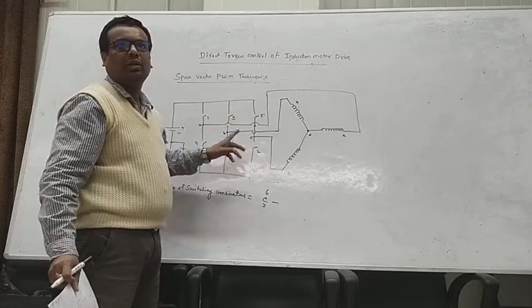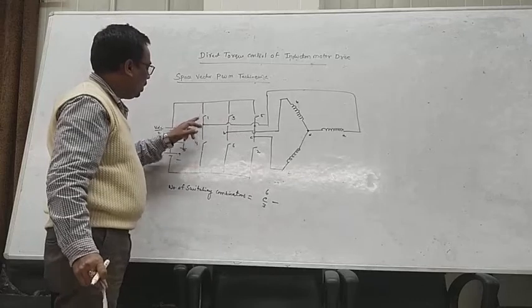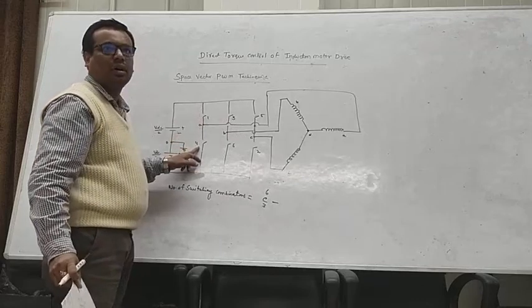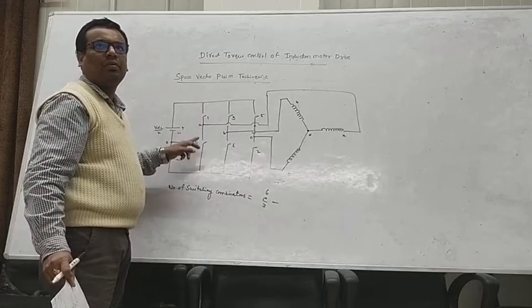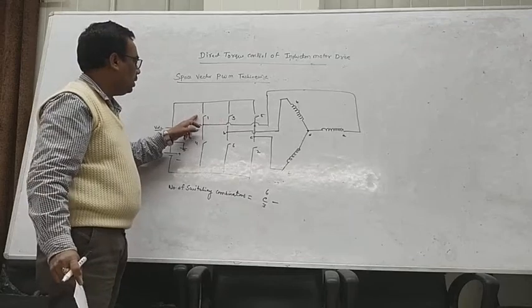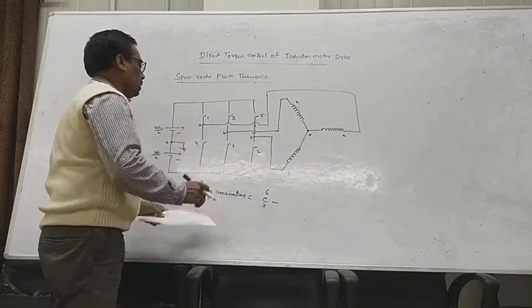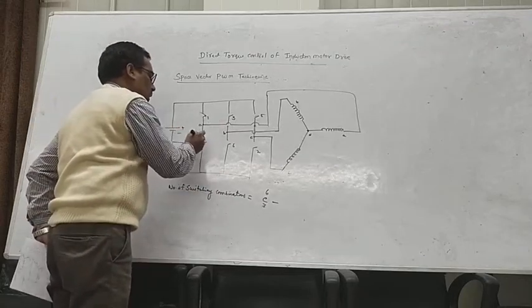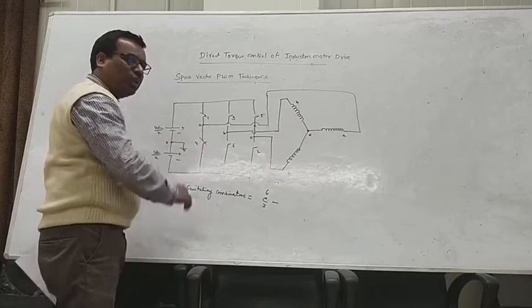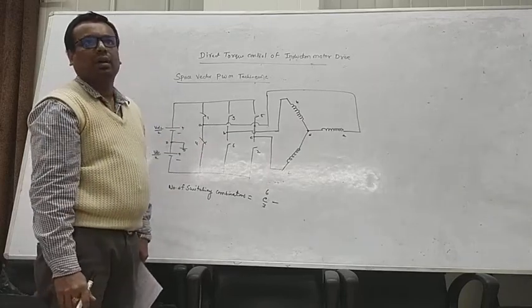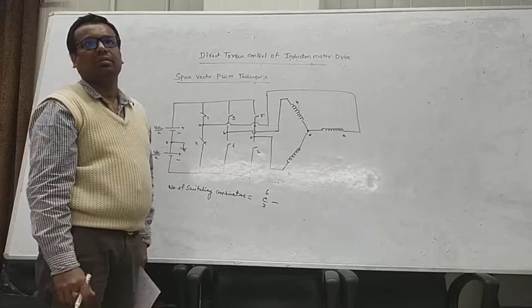For example, if switch 1 and switch 4 in phase A are turned on, what will happen? It will be a short circuit, and this is nothing but an illegal combination.